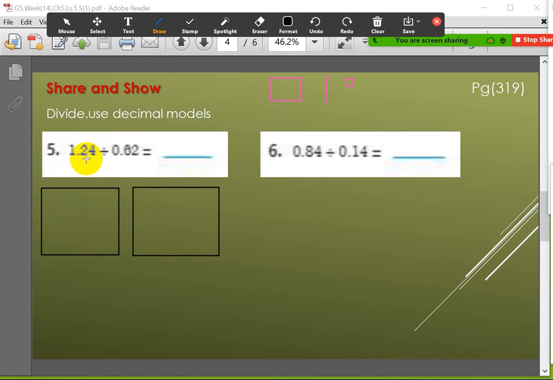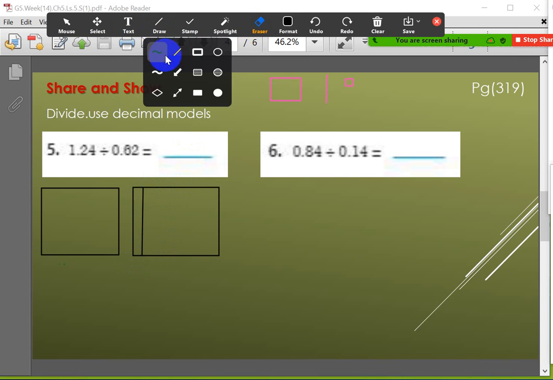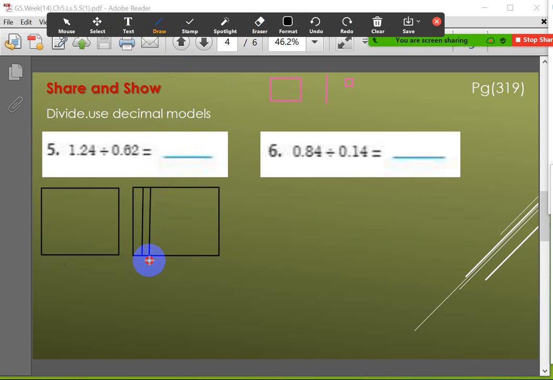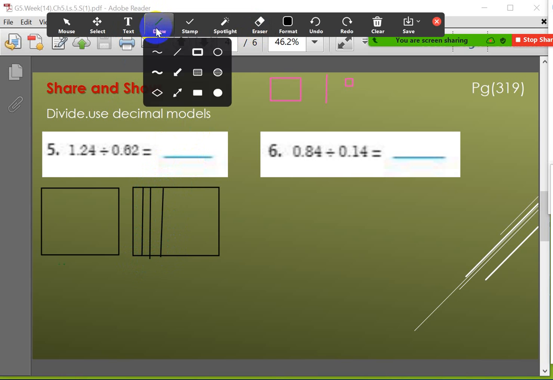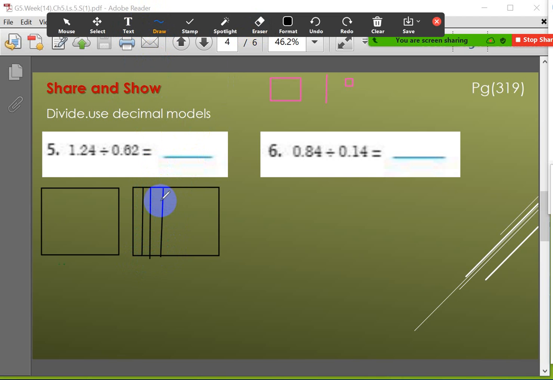And 2 in the tenths digit, that means I have 2 longs. And 4 in the hundredths digit, that means I have 4 small cubes. 1, 2, 3, and 4.